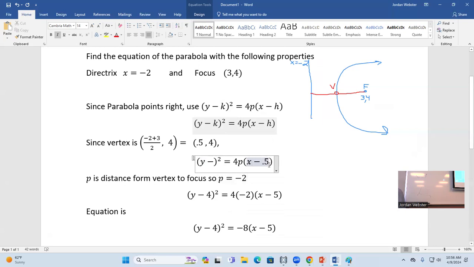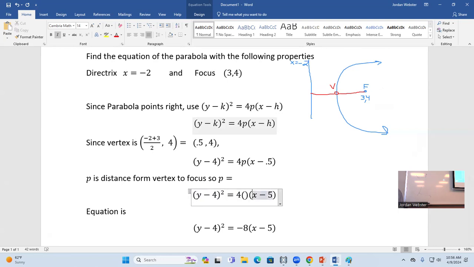So x minus 0.5 and y minus 4 are going to be those two components in our equation. We're going to keep those there the whole time.